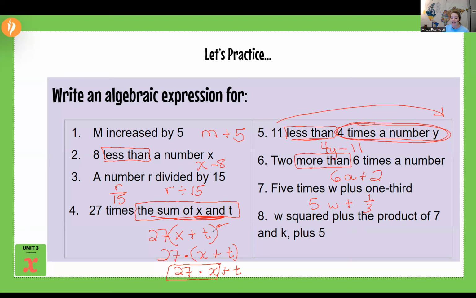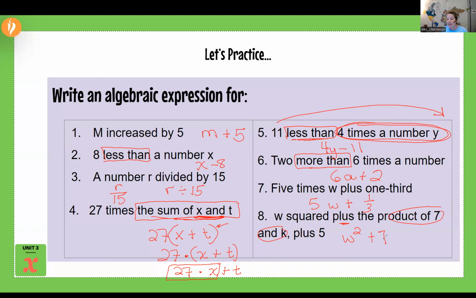All right, number 8, another way we know about parentheses is if there's a comma. Anything before the comma is going to be separated from whatever's behind the comma. So we're going to look at this one at a time. W squared, it says plus what? The product of 7 and K. How do I write the product of 7 and K?